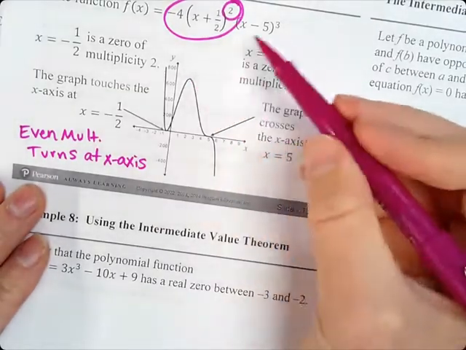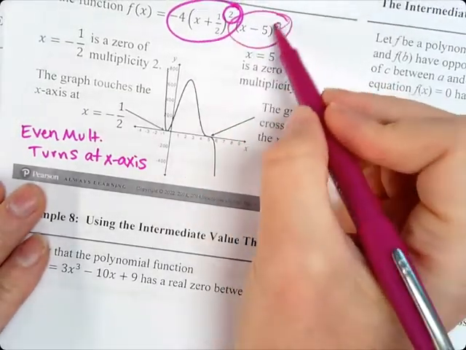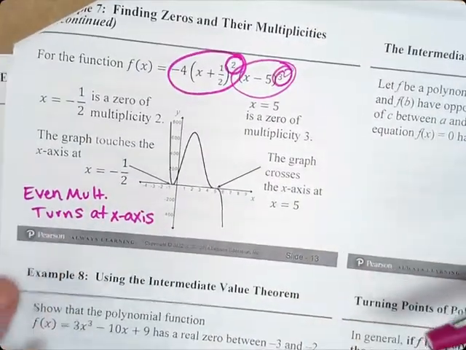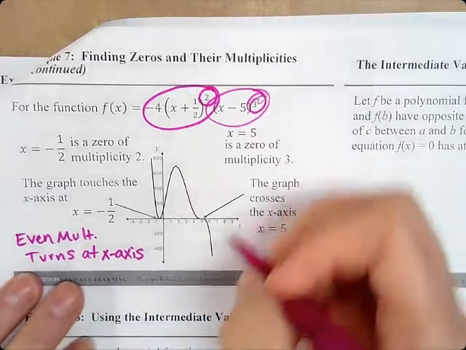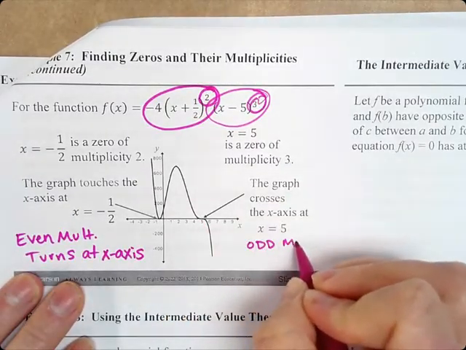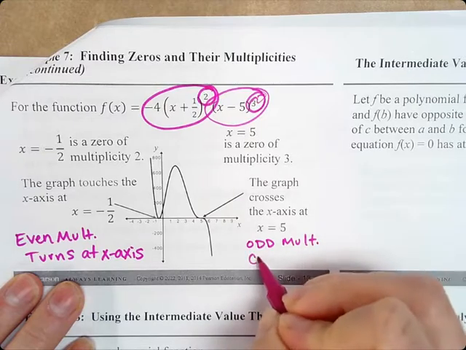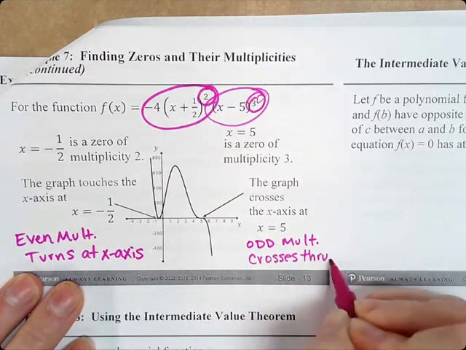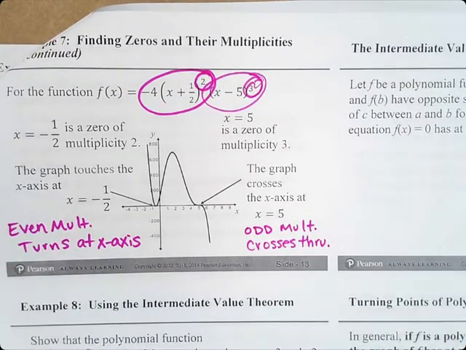But at an odd multiplicity right here, because it's to the third power, it's going to just cross through. But what it said was as your exponents get larger than 1, the flatter it becomes.